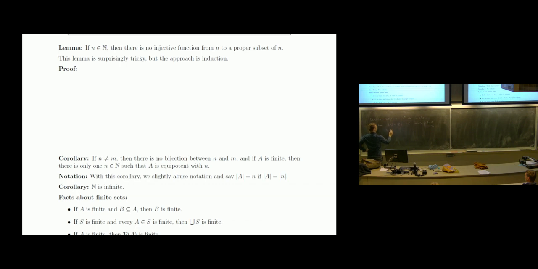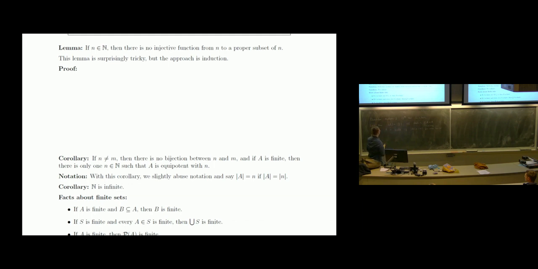So on top of that, we said A is finite if the cardinality of A is equal to the cardinality of n for some natural number, with the idea being that a natural number has itself many elements, right? 0 is the empty set, it has 0 elements. 1 is the set containing 0, it has 1 element. 2 is the set containing 0 and 1, it has 2 elements, and so on.